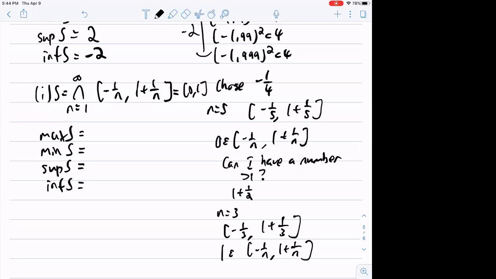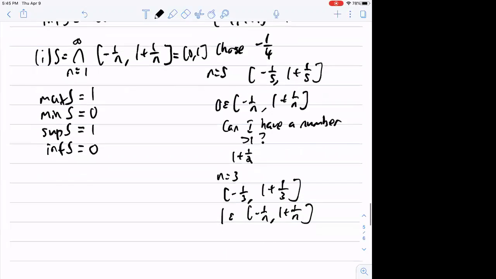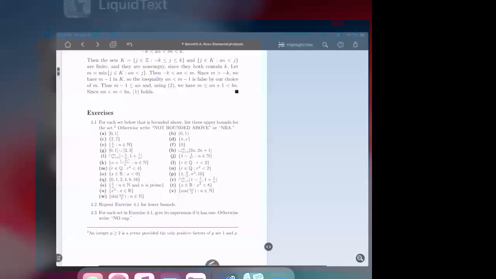Can you all figure out what the max is now? The max is 1. What's the min? It's 0. Hopefully you can all see this. This one is just about figuring out what intersection means. All right, let's do one more and then call it a day.